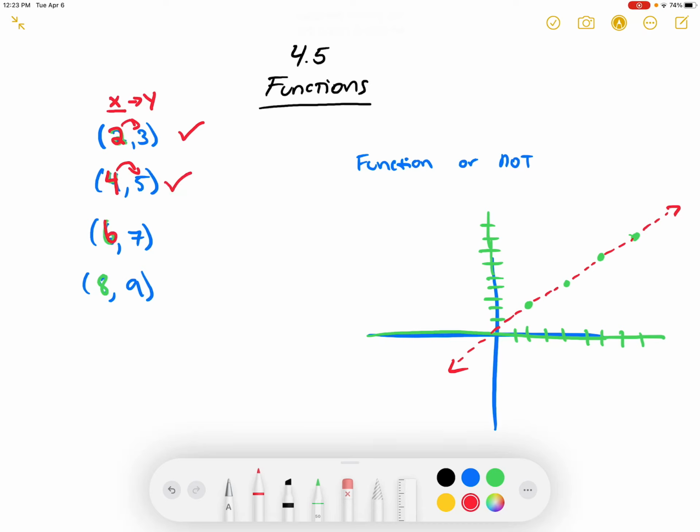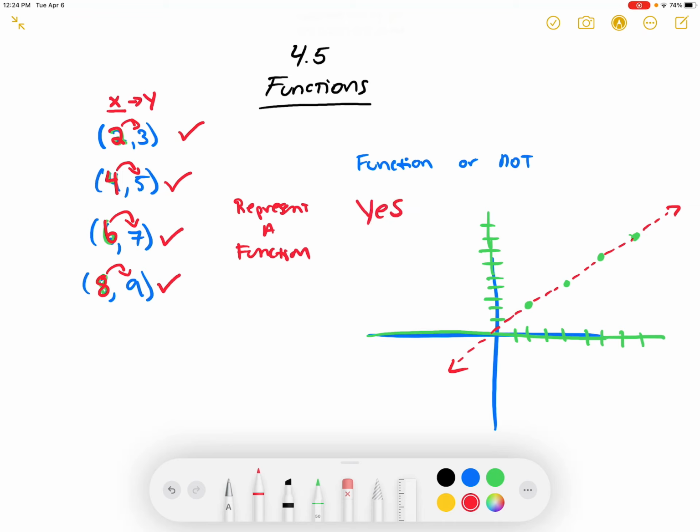The 6, which is an x, goes to the output 7, which means it's 1 to 1. And then finally 8 corresponds to an output of 9, which is only one y. This does represent a function. So the answer is yes for this one.